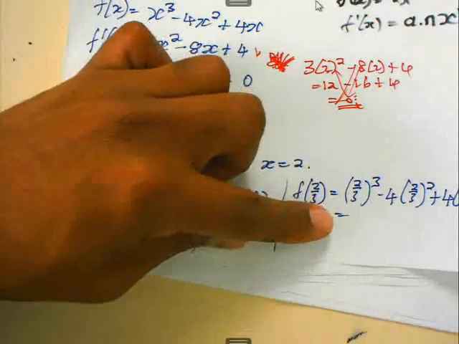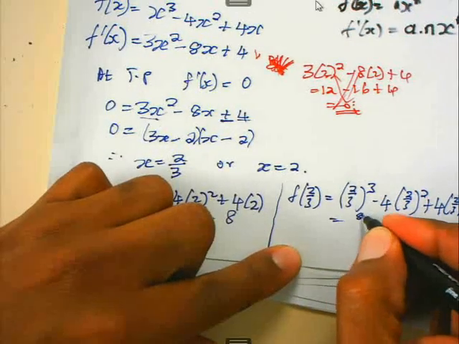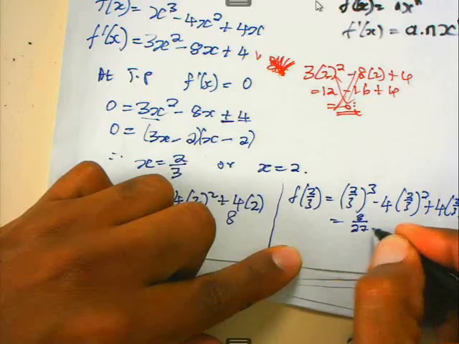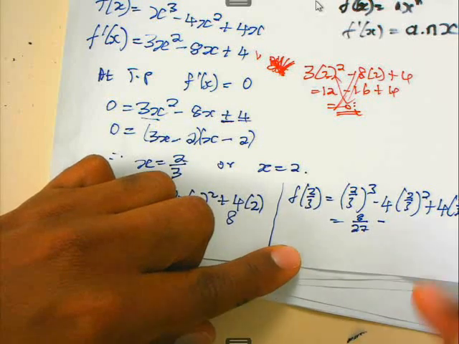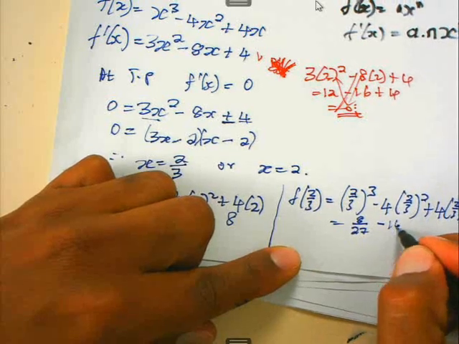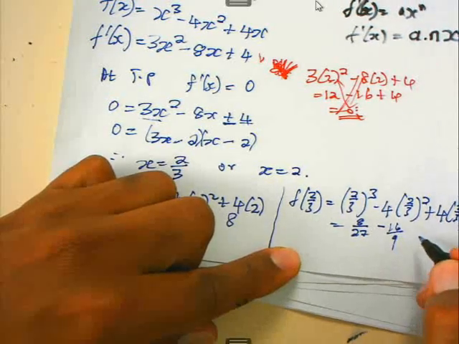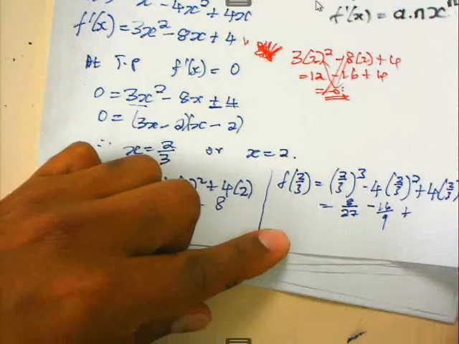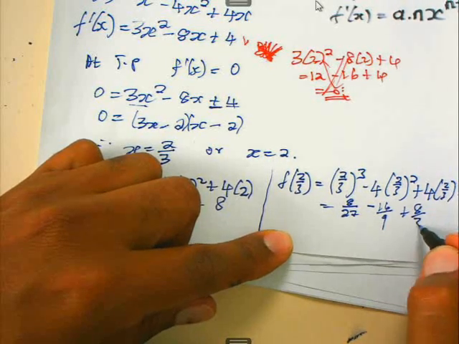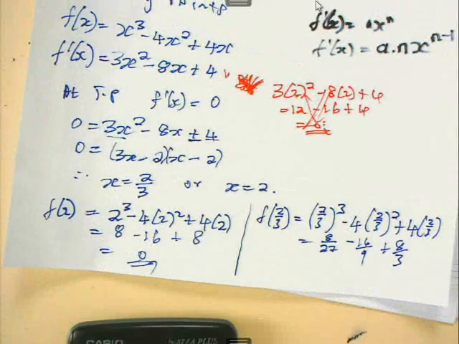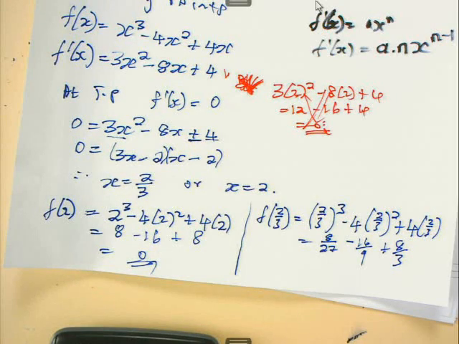That will be 8 divided by 27 minus 4 times 4, that is 16 divided by 9, and this is going to be plus 8 divided by 3. We can quickly also work it out on the calculator to see what we're going to get there.